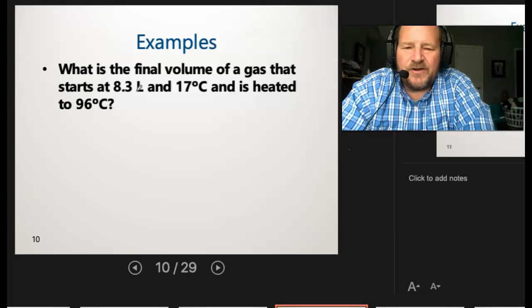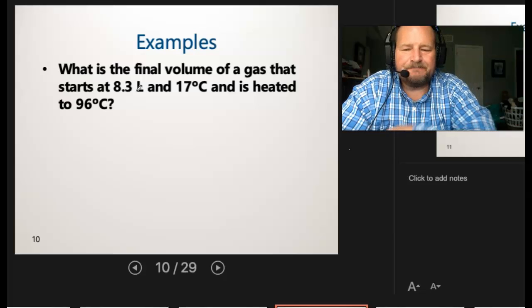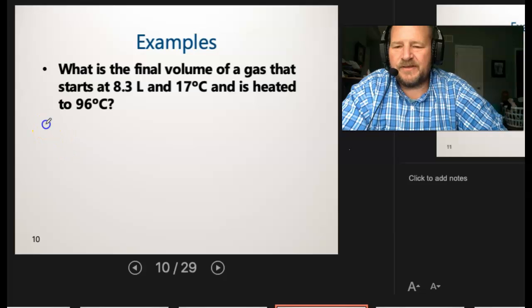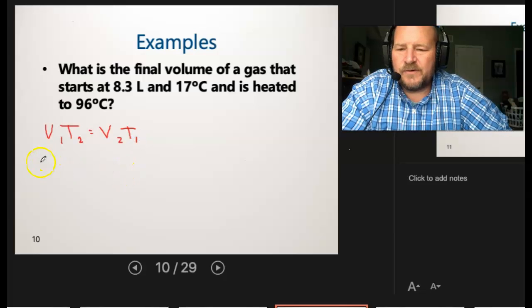What is the final volume of a gas that starts at 8.3 liters and 17 degrees C? And we're going to heat it to 96 degrees C. So again, we're going to start with V1 T2 is equal to V2 T1. And of course, I'm going to make my little list.